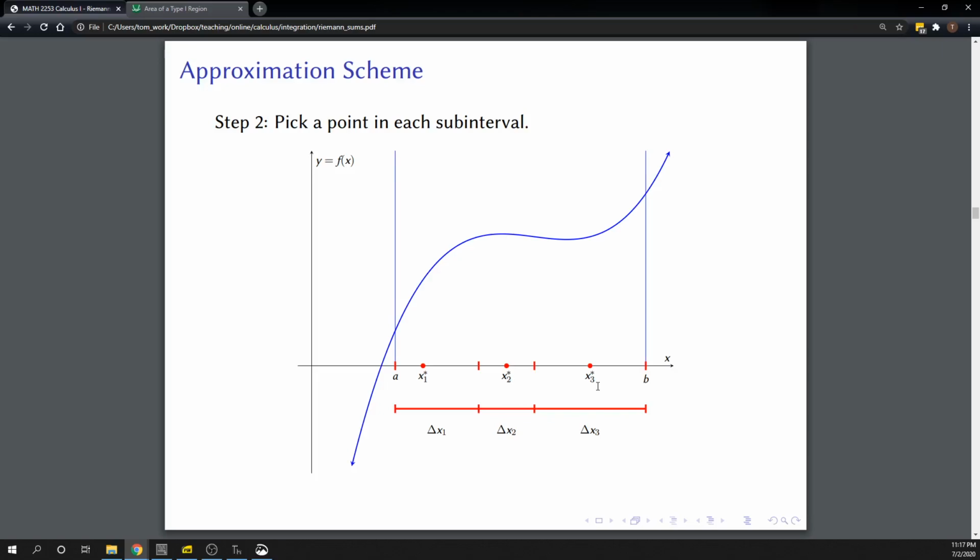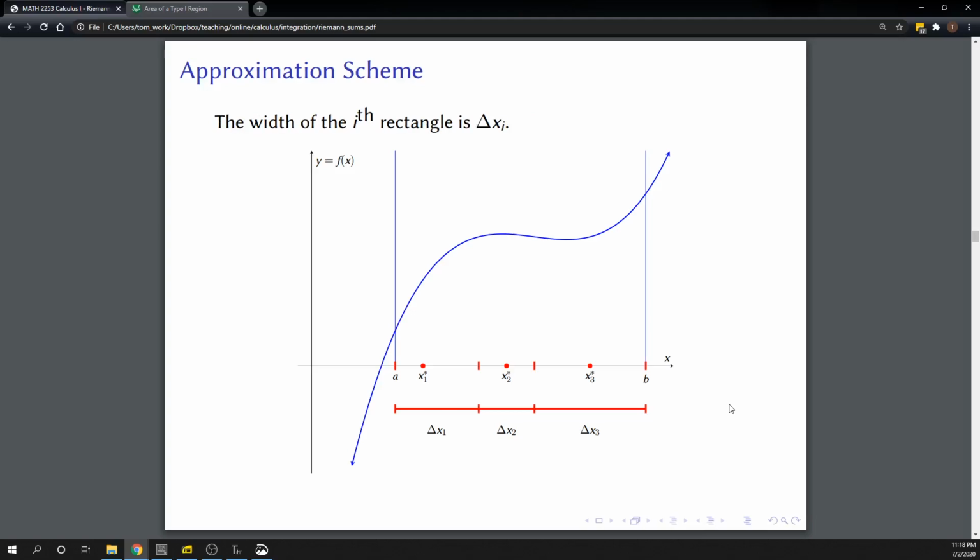Now that you have specified these subinterval lengths and picked points, you can completely specify what the rectangles look like. So step 3 of Riemann's scheme is to build a rectangle over each subinterval. In this case, we're going to have 3 subintervals, so 3 rectangles. If you did 1,000 subintervals, you'd have 1,000 rectangles.